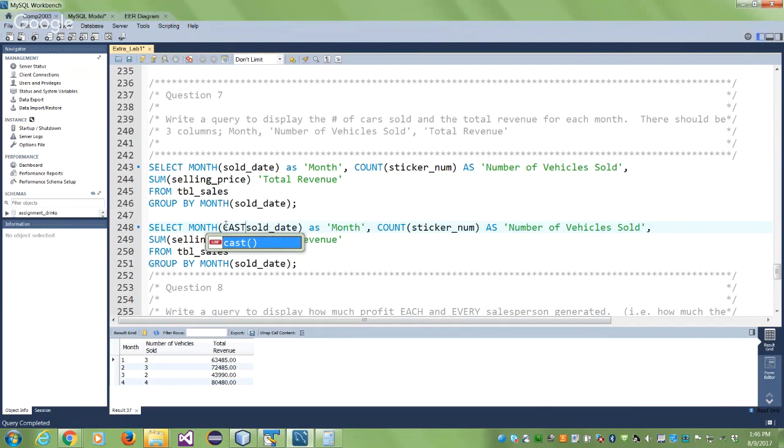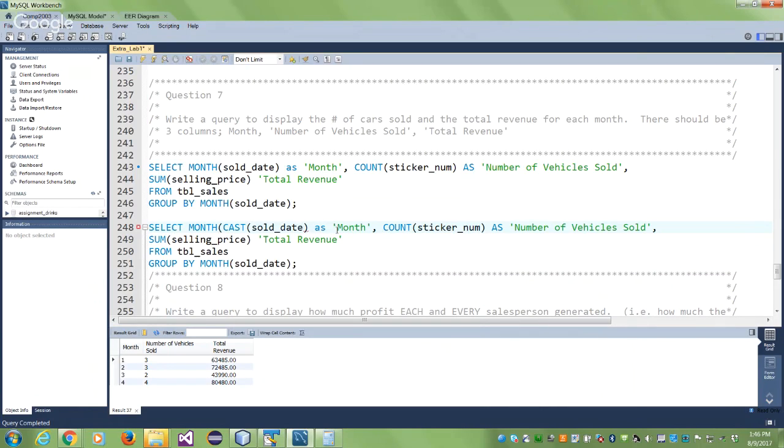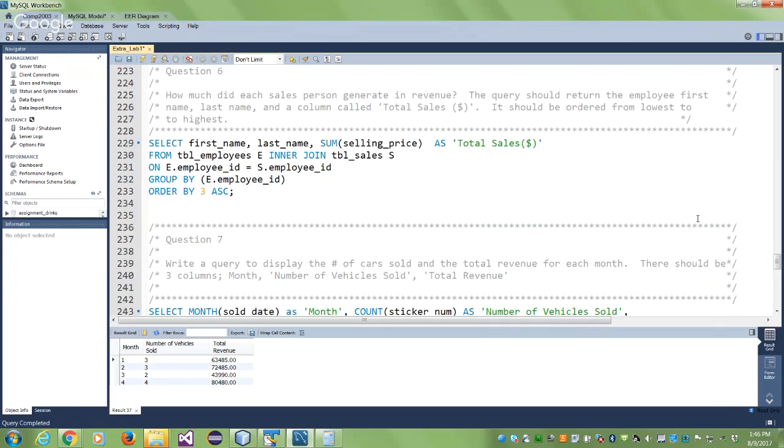But if you say cast sold date as, let me try, because I think I tried this. If you do it as, I'm not sure, but I think I tried something and I was able to get the name. What was our month date? Sold date?